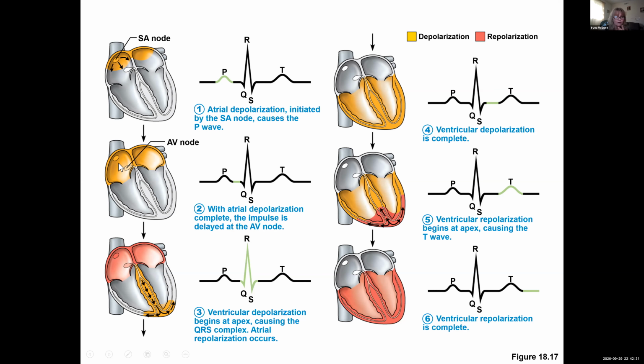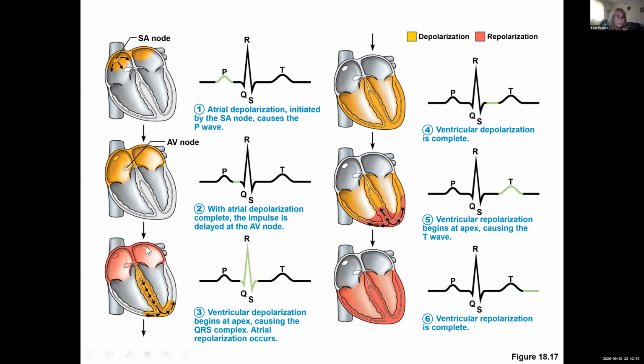Now we have atrial depolarization complete, and we have some delay of the impulse. So we have this flat signal, so no electricity is moving. For a period of time over here, we have no movement of electrical impulse.